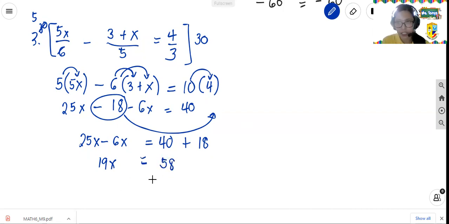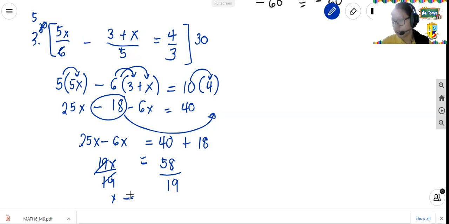So this is familiar now. And what we do here, if there's multiplication on the variable and numerical coefficient, we divide by the numerical coefficient. So divided by 19. So x is equal to 58 over 19. We can't divide that exactly, so that means our answer will not be exact.